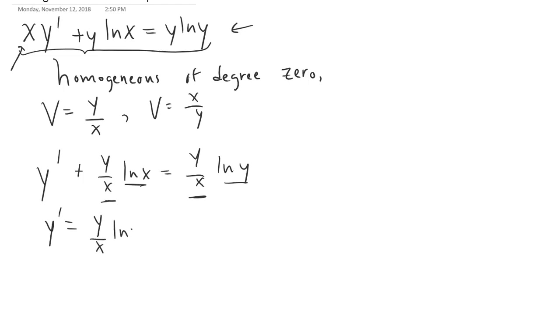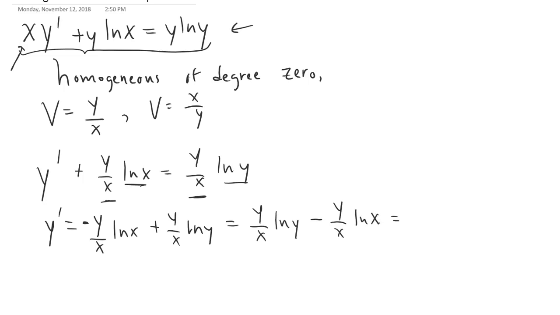So negative y over x ln x plus y over x ln y, and this is going to then just be y over x ln y minus y over x ln x.